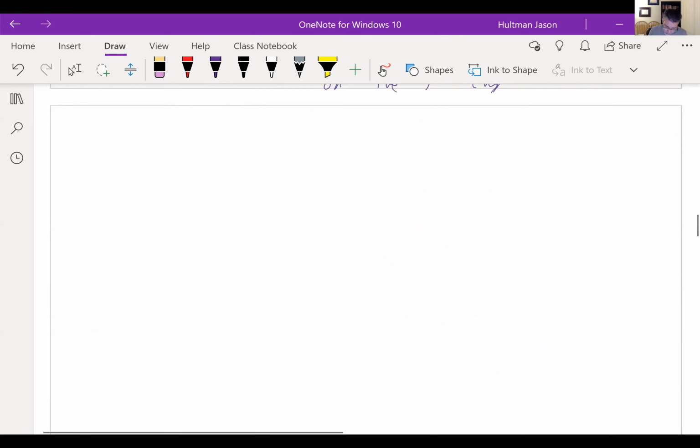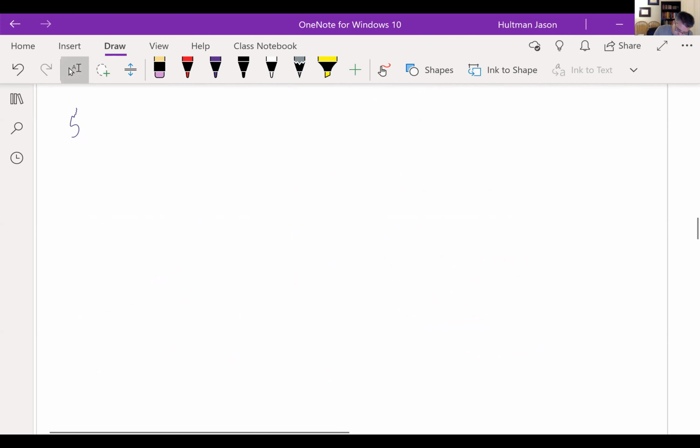Okay, let's do another example here. Let's do example 5. A new smartwatch is placed on the market.